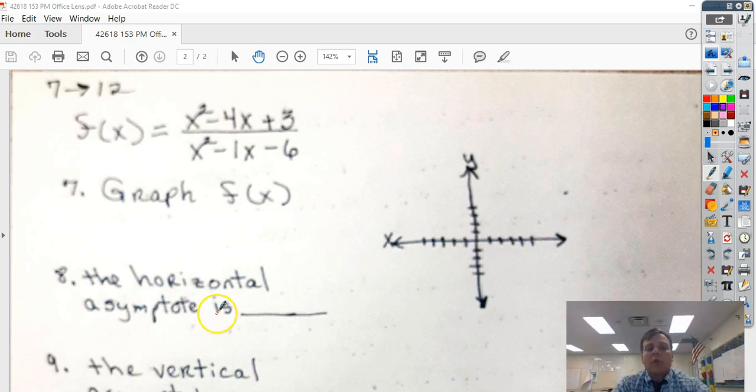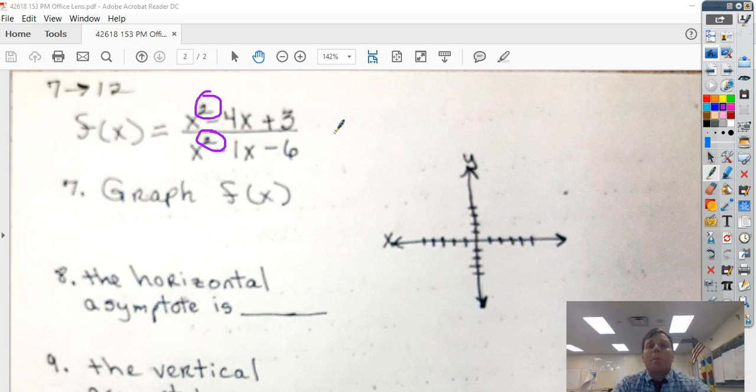All right. So when you look at this right here, I'm going to do number 8 first. The horizontal asymptote is. Remember, this guy doesn't have any pluses or minus some number out here. So I can't just say, oh, it went up 5, it went down 3. But since there's a whole lot of stuff going on, what I probably need to do is compare the degree of the numerator to the degree of the denominator. The degree of the numerator is 2. The degree of the denominator is 2.